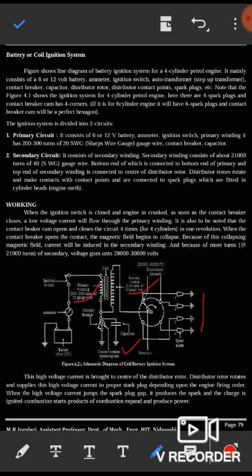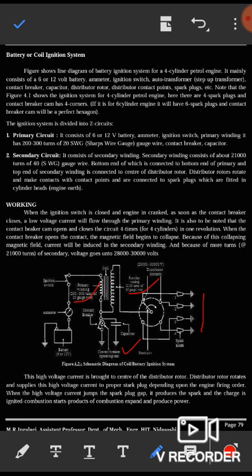The primary circuit consists of a 6 or 12-volt battery, ammeter, ignition switch, primary winding, which has 200 to 300 turns of 20 SWG wire, contact breaker and capacitor. These are all already shown here.